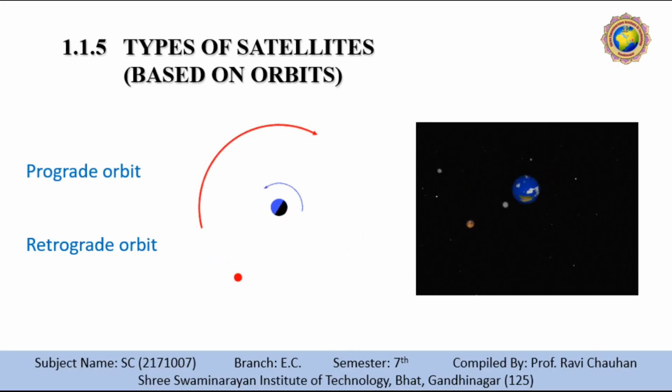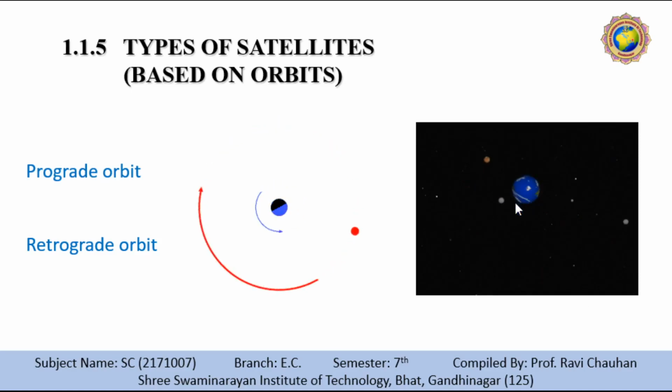This figure also shows you the prograde and retrograde orbit. The blue line shows our Earth's rotation and the red satellite shows the retrograde orbit. Earth is moving in this direction.